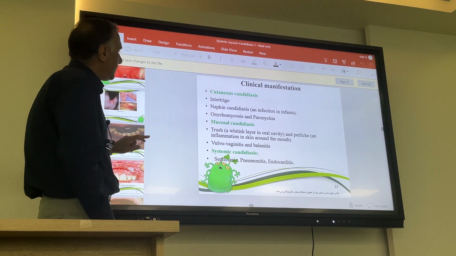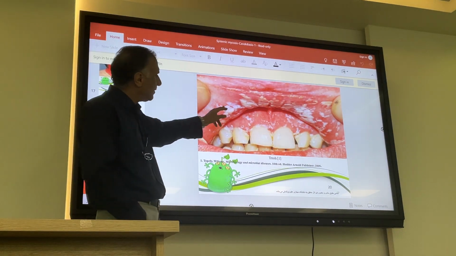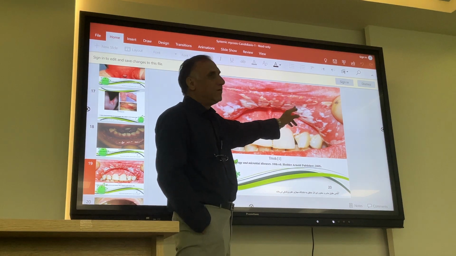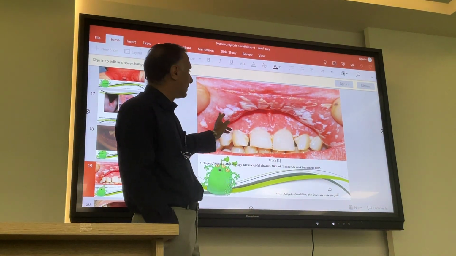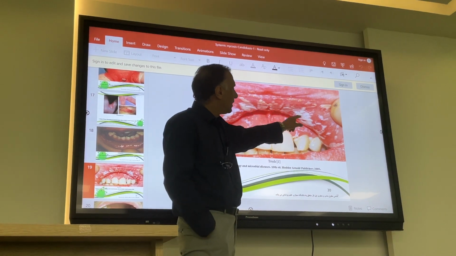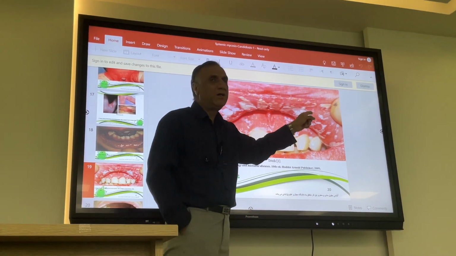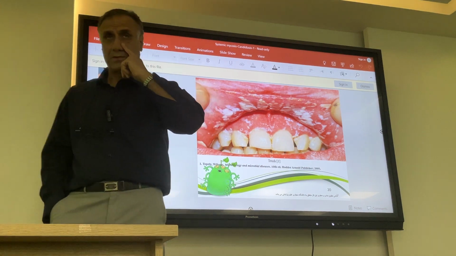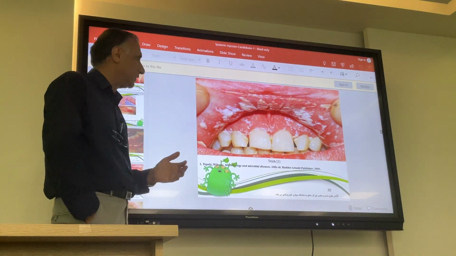In mucosal candidiasis, you find a whitish pseudomembrane layer. They are colonies of Candida on the surface of the oral cavity.